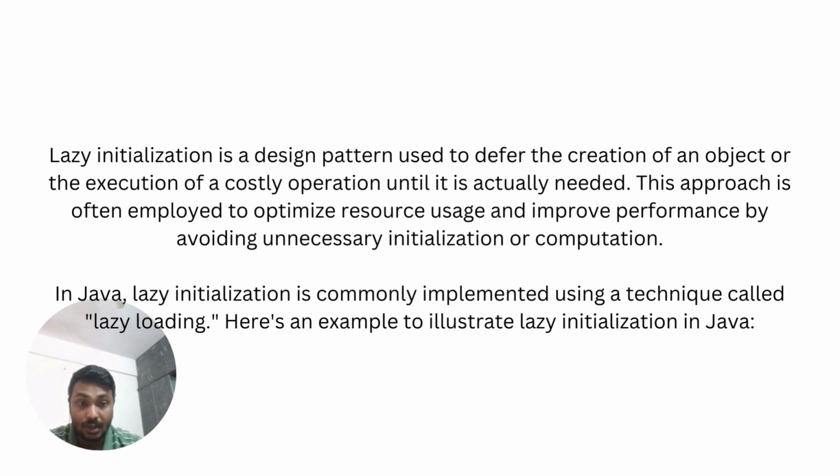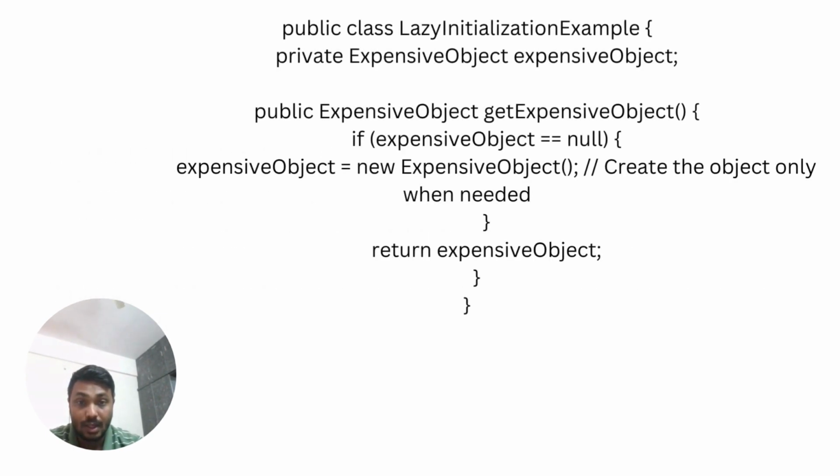Let's move on and discuss the program. Here you can see we have created a public class called LazyInitializationExample. We define a private variable, which is the expensive object.